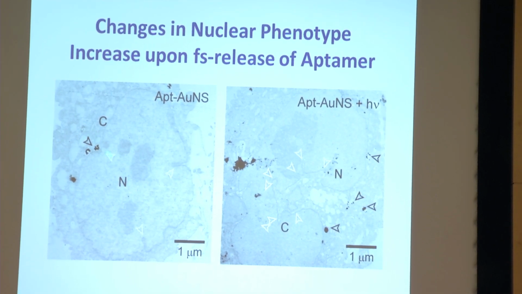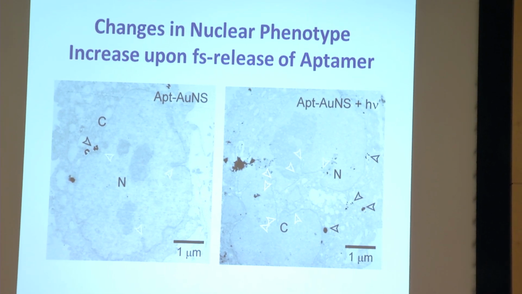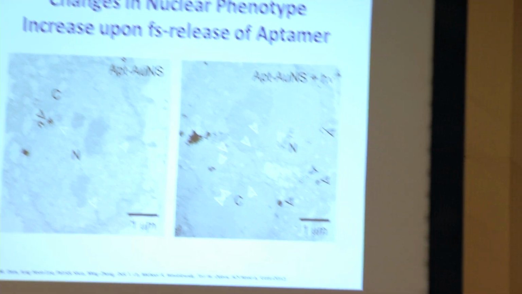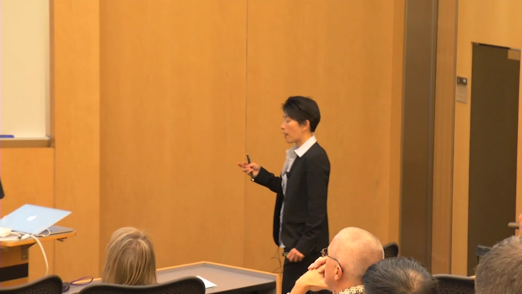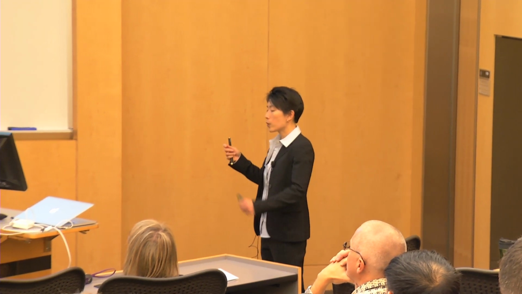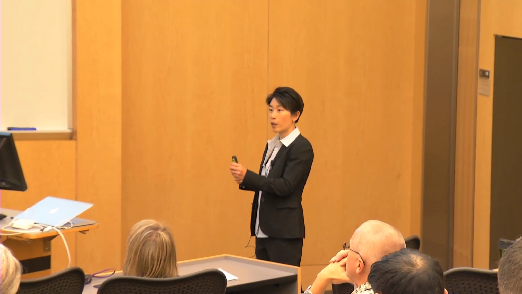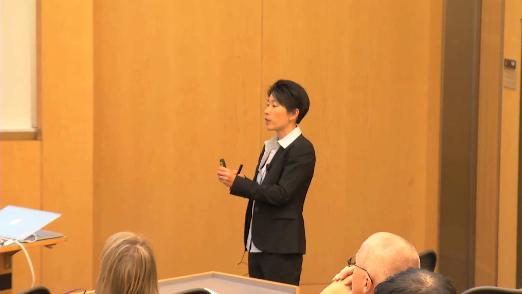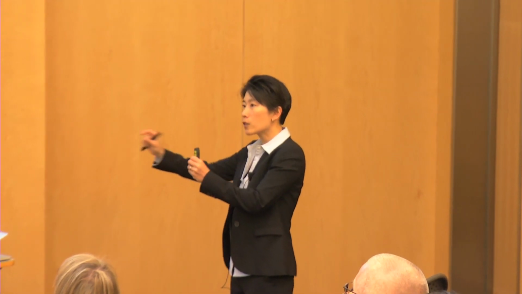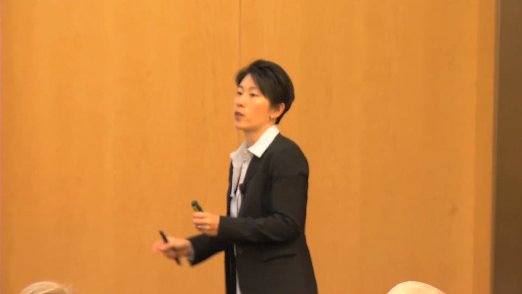So instead of just a few that correspond mostly to where the location of the nanoparticle is, all of a sudden, instead of something that looks like this, you have something that has massive folding. Major changes in phenotype. So this is pretty interesting to be able to start to say, okay, you can already make something better by putting it on a nanoparticle, and then you can even make it better if you can actually release the drug at the site where you might want the action to occur.